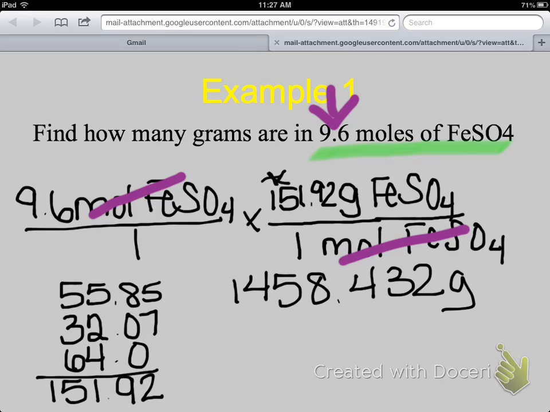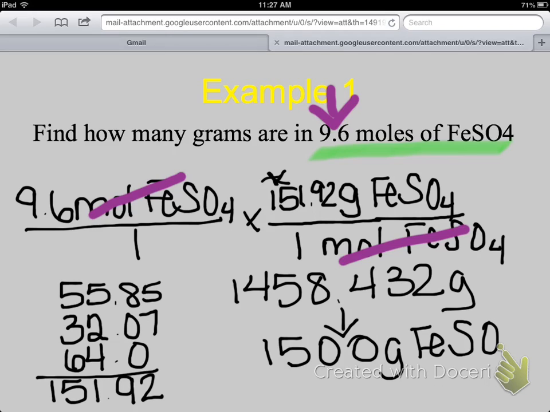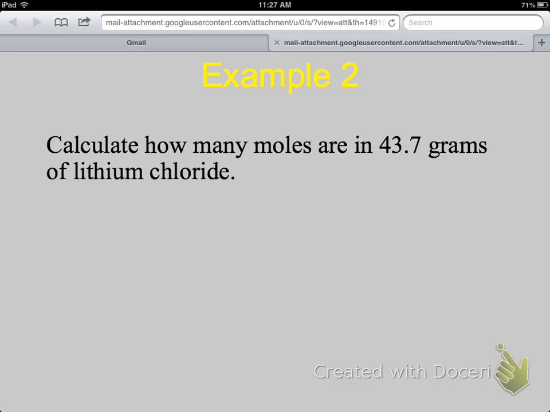So we need to change our answer into 2 significant figures. Rounding it to 2 significant figures is going to be 1,500 grams of iron sulfate. Remember, those zeros don't count unless we have a decimal point, which we're not going to put since we only want 2 sig figs. Label grams of FeSO4, so we are done.